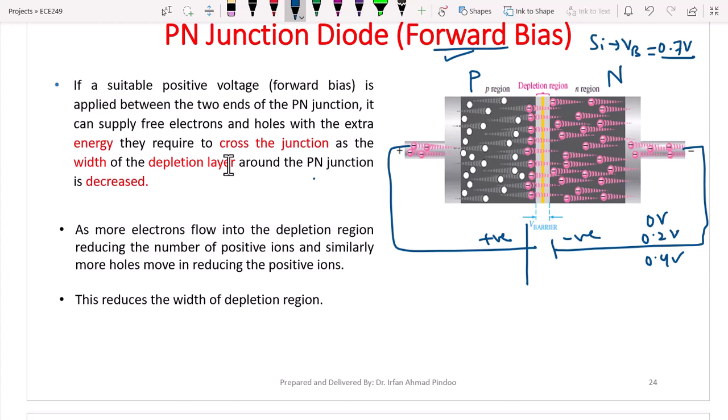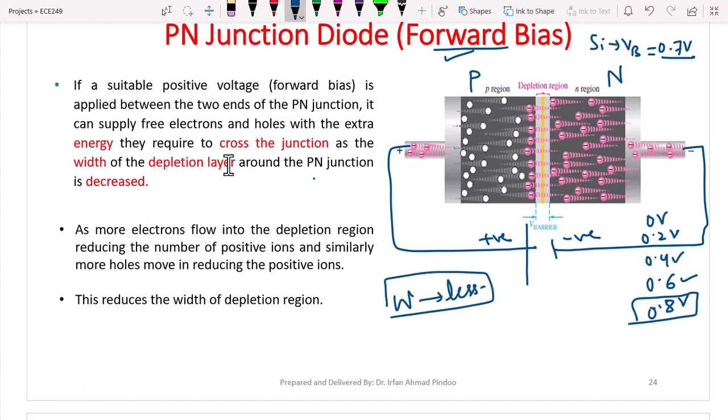Now what will happen, once we gradually increase this voltage, we will see that once the voltage is more than 0.7, the depletion width W of this barrier will become less and less, and due to that there will again be movement of charge carriers from N to P and P to N, and that will result in current flowing. Alright, and that behavior we can see here also.